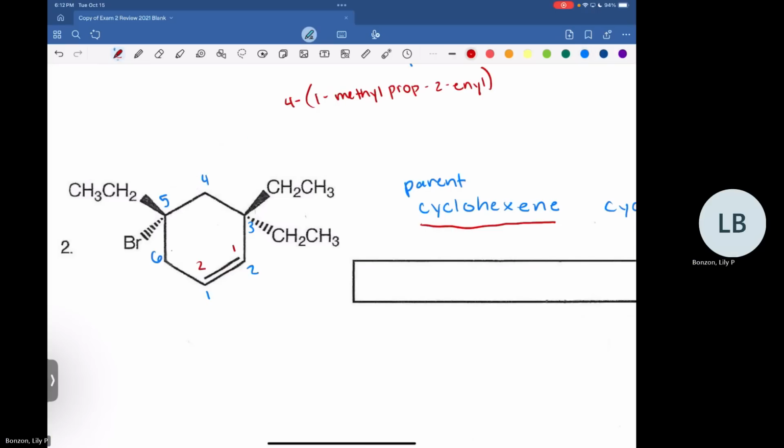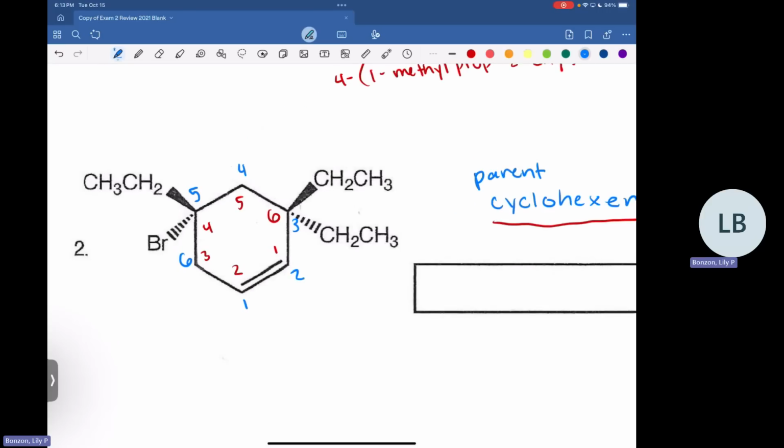The direction that we start numbering will affect the numbers of the substituents that we have. And so remember, we do want the alkene to get carbon 1 since it's our highest priority group. But we do also want to get the lowest numbers for the substituents as possible.